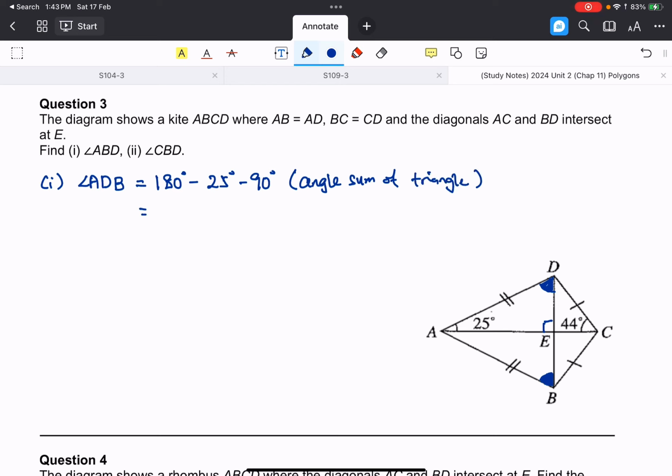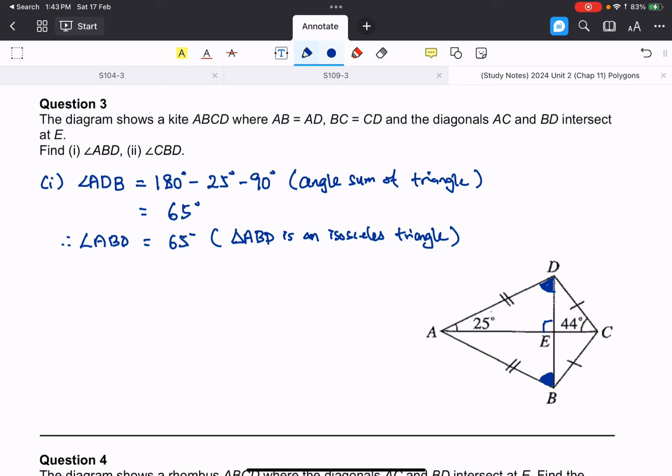So that will result in 65 degrees. Therefore, angle ABD is also equal to 65 degrees because triangle ABD is an isosceles triangle. There we go. Successful, right?